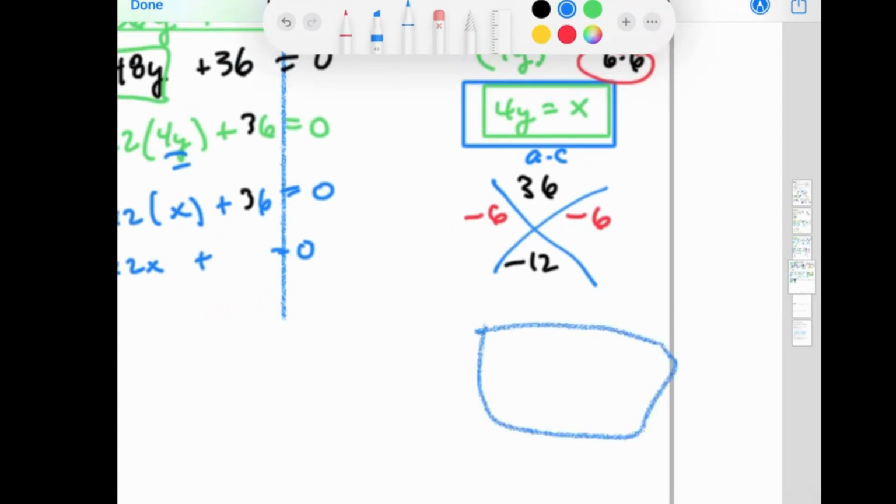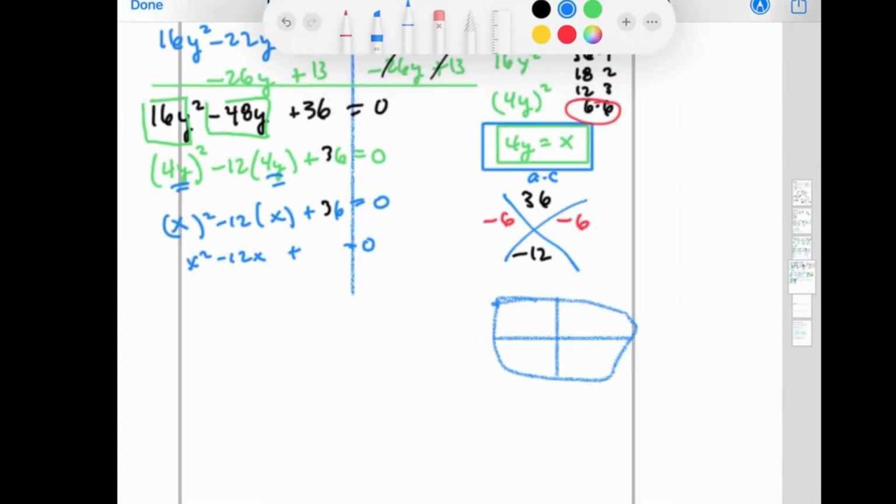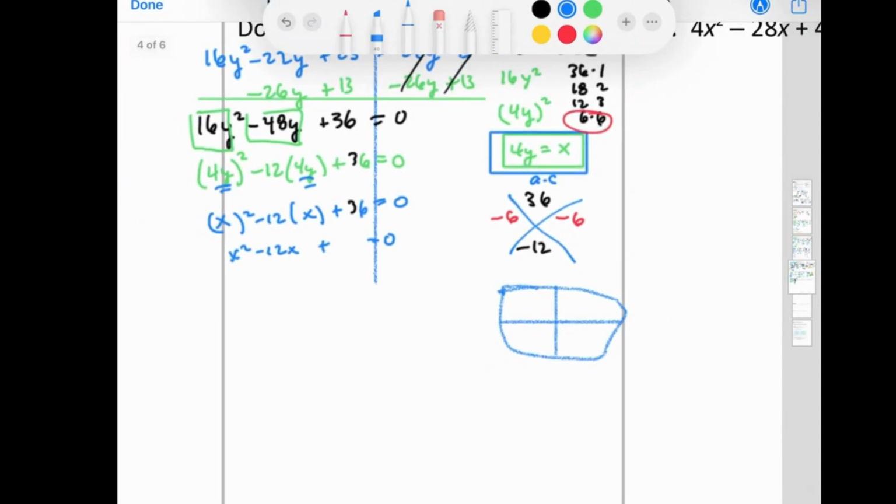So I have my box, I turn it into an oval. And here, okay, we're not going to do our substitution yet, but let's use our colors to our advantage.